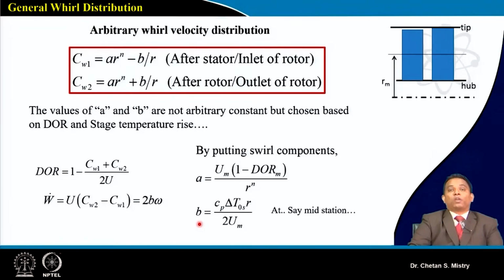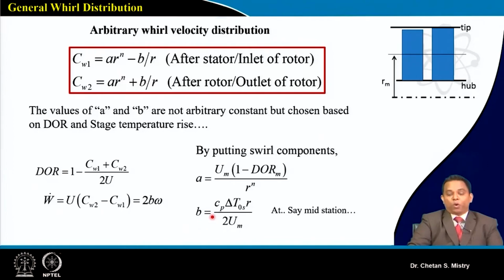We will also do these calculations initially at the mid section, and then apply the logic for the variation of the whirl velocity component from hub to mid section and from mid section to tip.